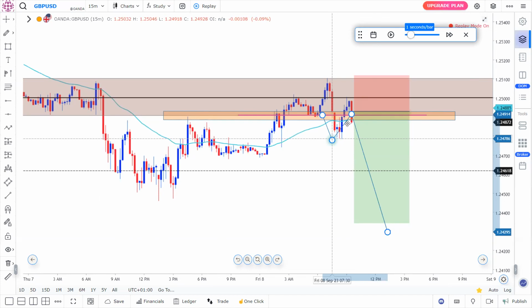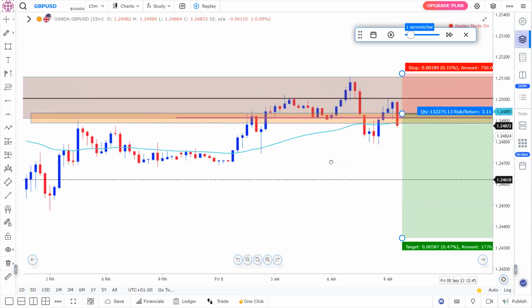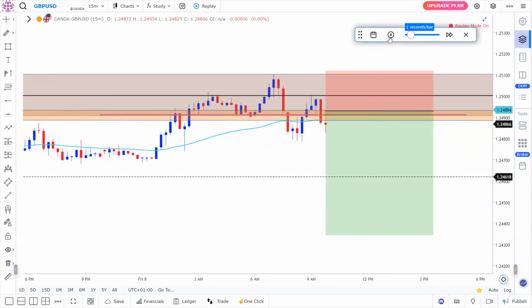And then just as I had my trade triggered for the fourth sell trade opportunity right here, price moved a little bit in my direction. And then very quickly, we had a stop hunt.